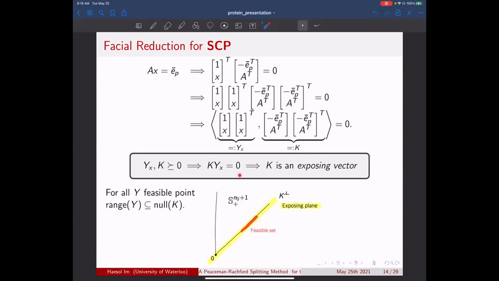So what this equality is telling us is that whenever we bring a point from this red set, we can always show that it's stuck in the orthogonal complement of this matrix K. What this also means is that we don't need to consider the whole positive semi-definite matrices of the order n0 plus 1 to work with this model. It suffices to work with this slice of a positive semi-definite cone to represent the entire feasible set of the model.